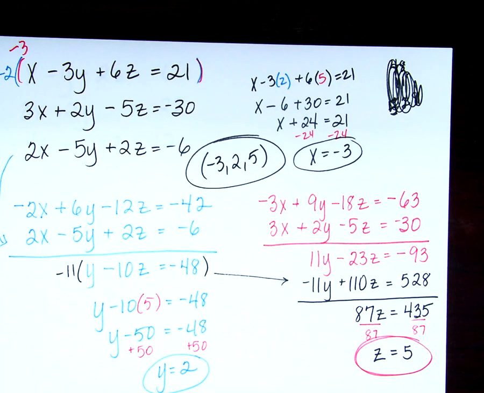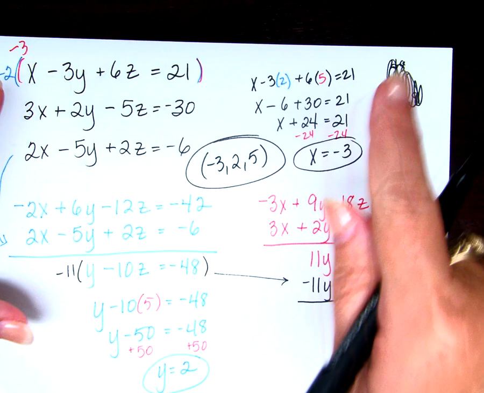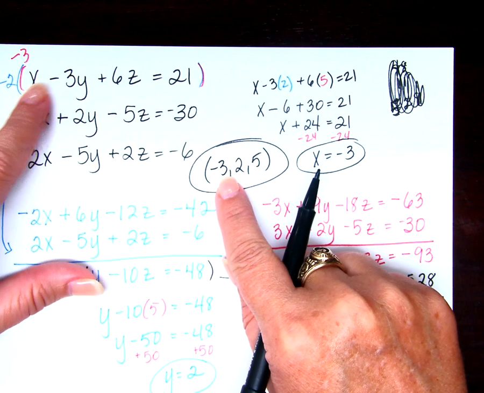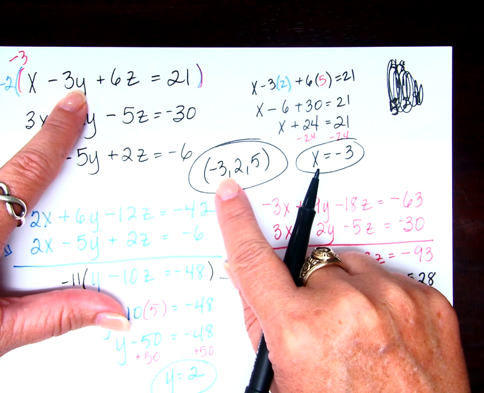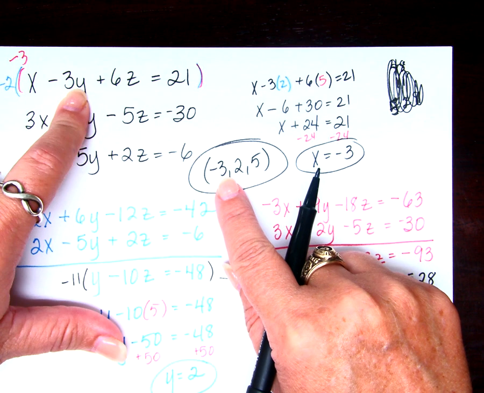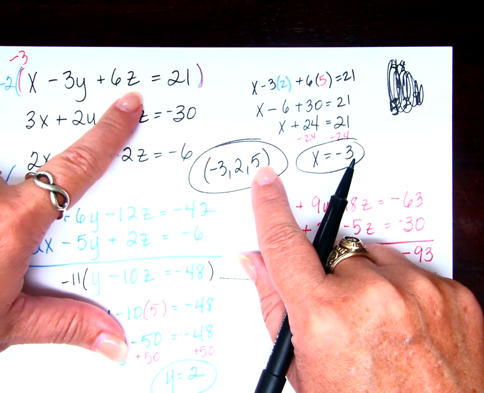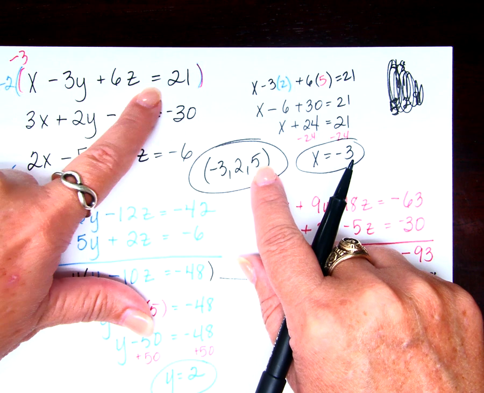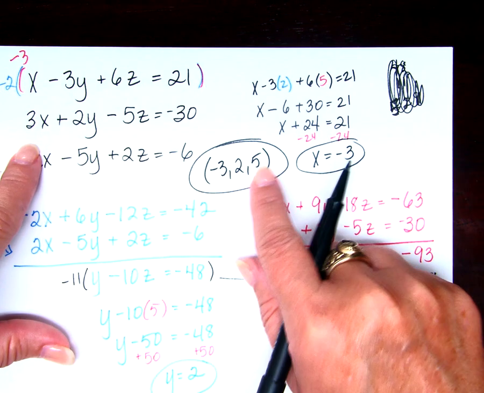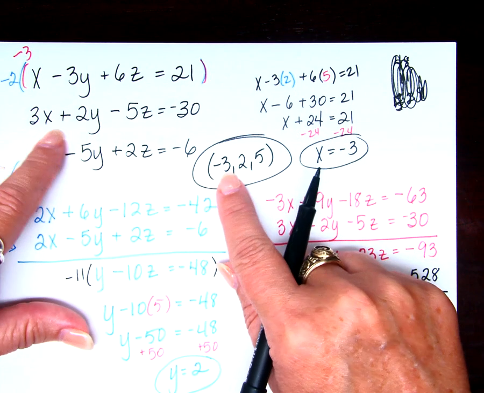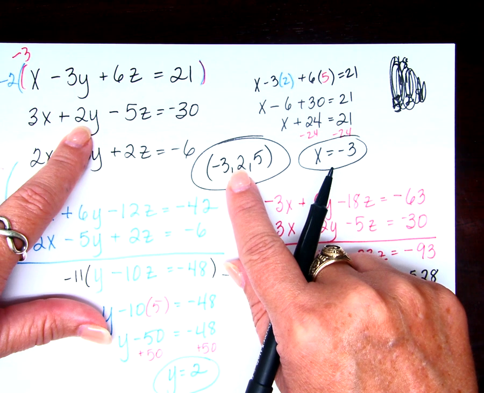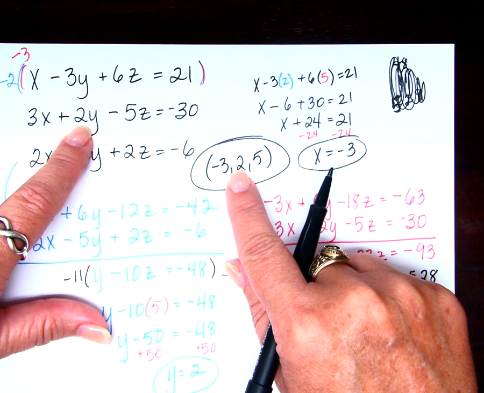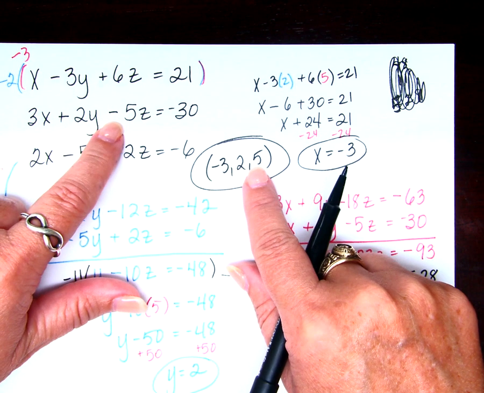Is it right? So we can check. We should, right? -3 minus 6, so -9. -9 plus 30, is that 21? Does 21 equal 21? Yeah. -9 plus 4, -5, minus 25.